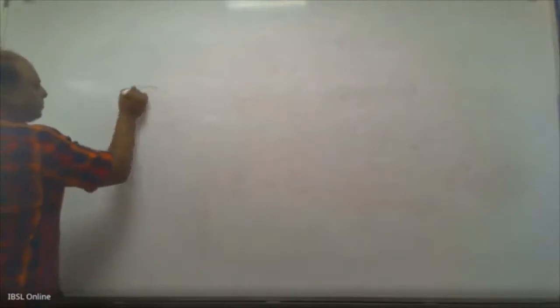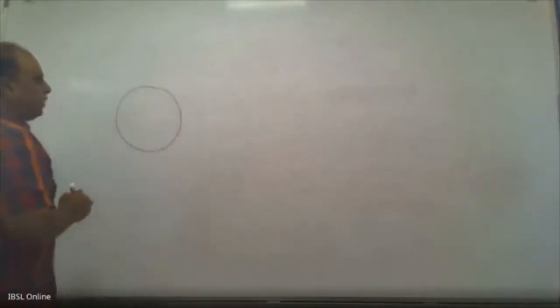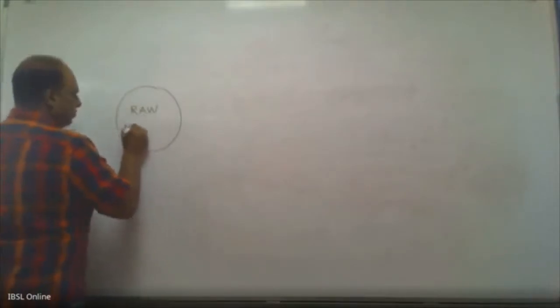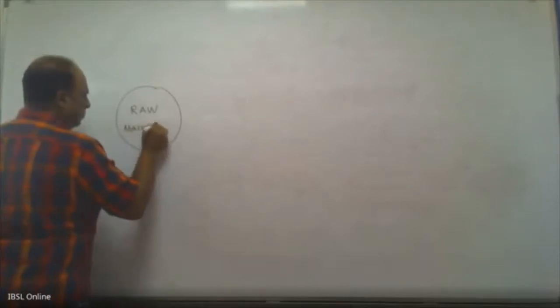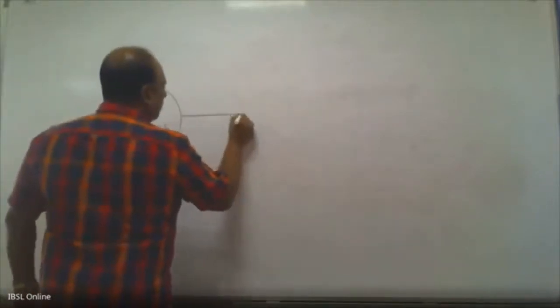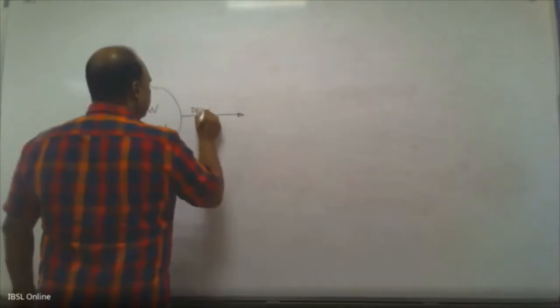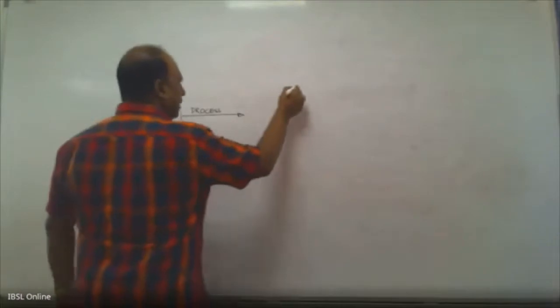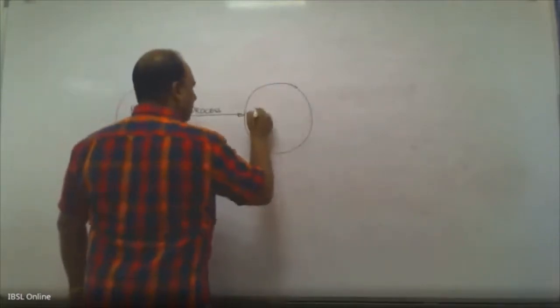So what happens in a company, let's take the same example, Damro, right? First, they take raw materials. They bring in the raw materials for production. Then they process. Once the process is completed, you have the finished product.